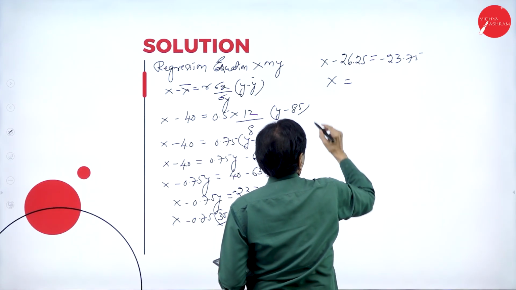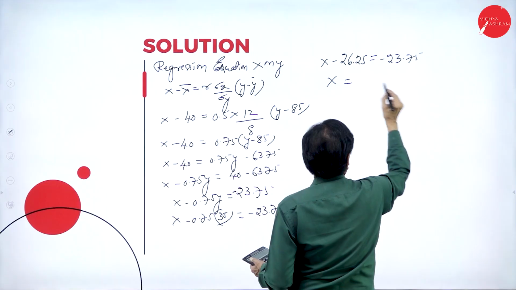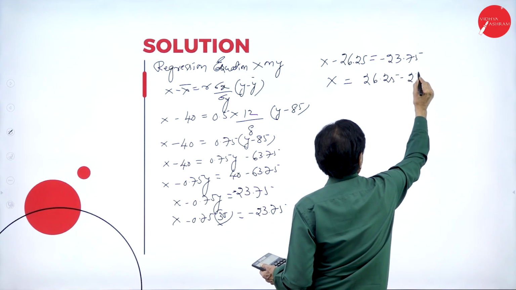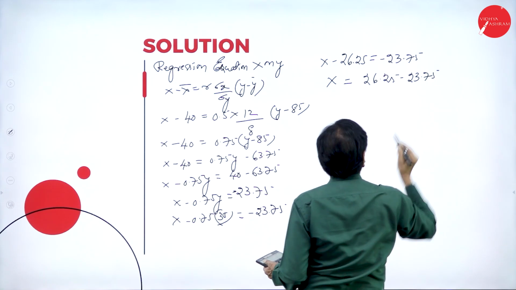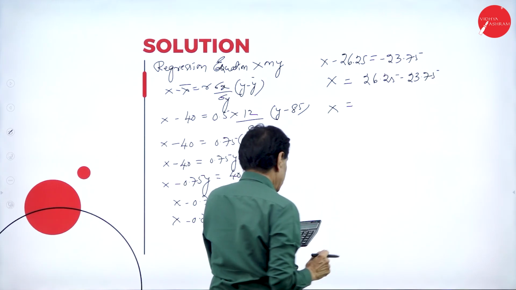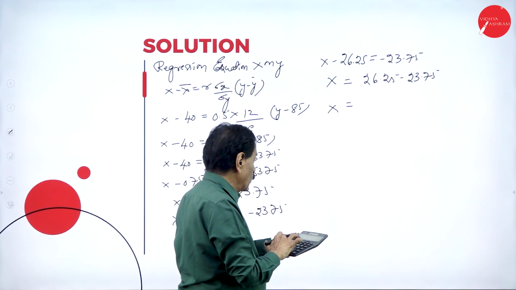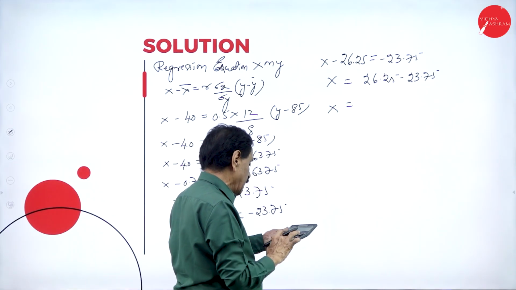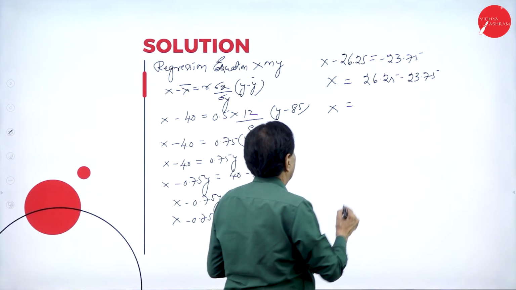X is equal to, you take this number here, 26.25 minus 23.75. X is equal to 26.25 minus 23.75, which is 2.5.